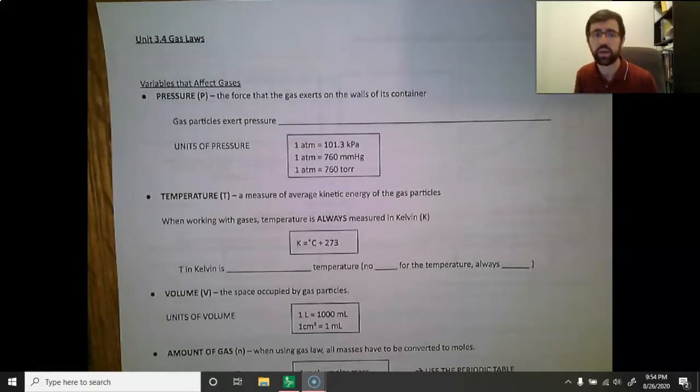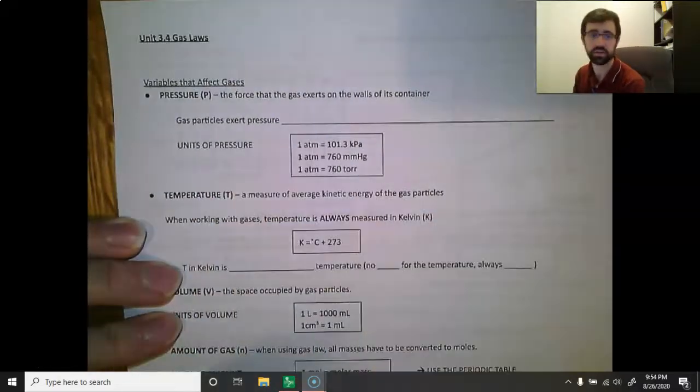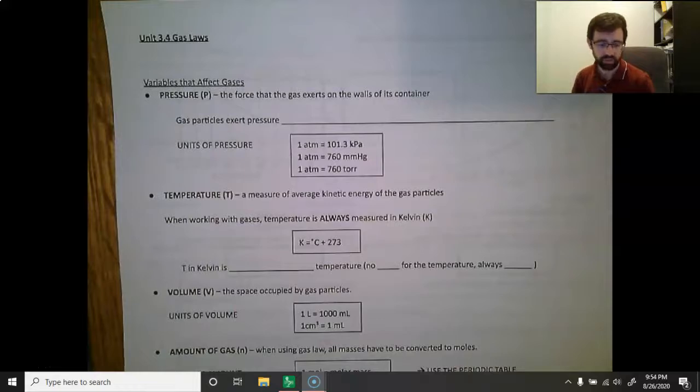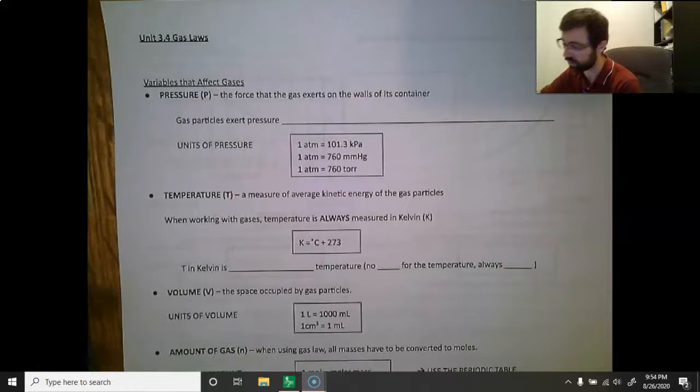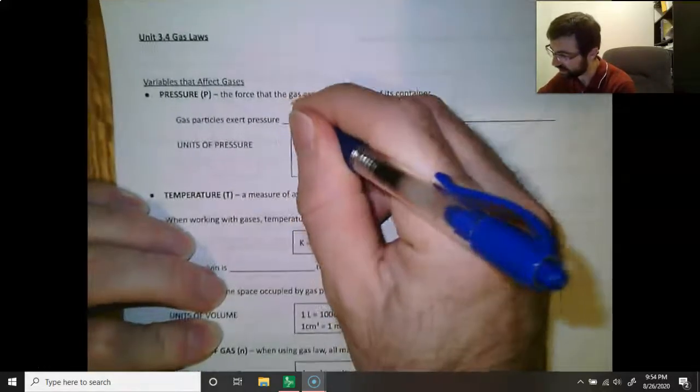All right, to start out with, we want to talk about the variables that affect gas. We've got pressure, which is the force that the gas exerts on the walls of the container. So in other words, gas particles exert pressure when they collide with the container walls.